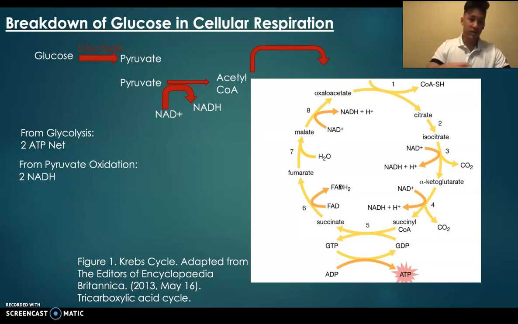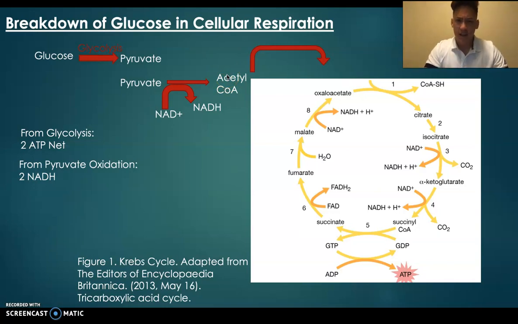Next, on the left here, we have our pyruvate oxidation, keeping track of the NADHs too. As you can see, it says 2, not just 1, because we have 2 pyruvates. Since we have 2 pyruvates, we'll essentially have 2 acetyl-CoAs, which means 2 rounds of our Krebs cycle.